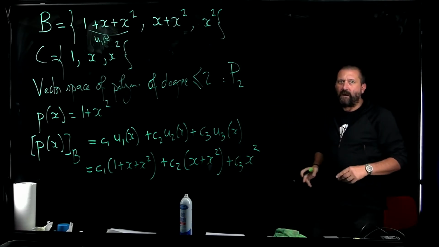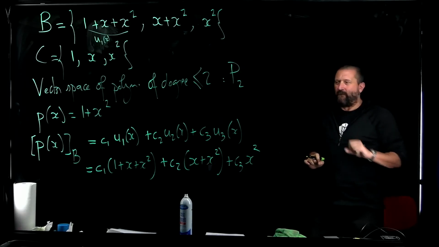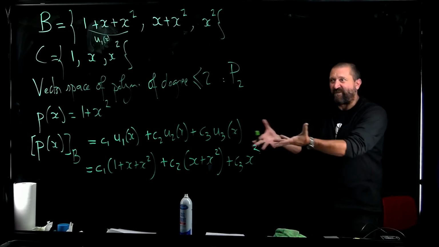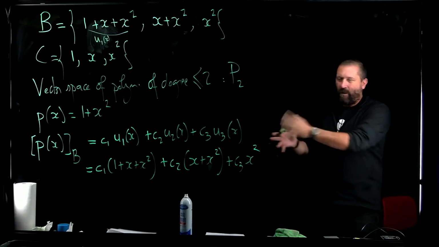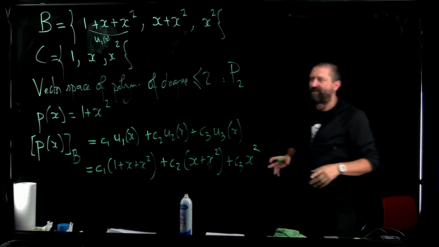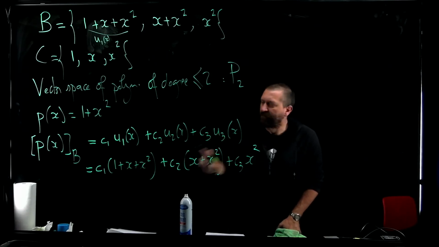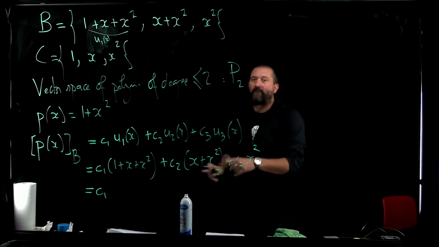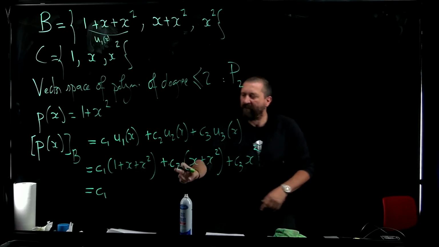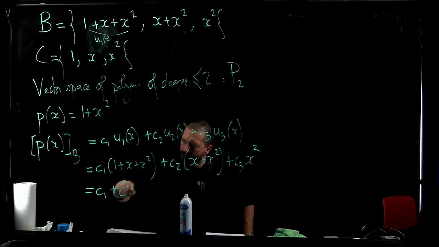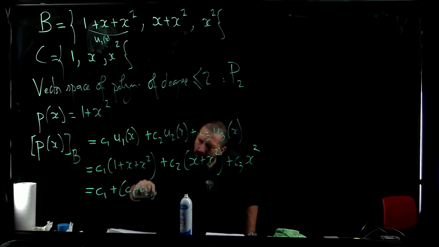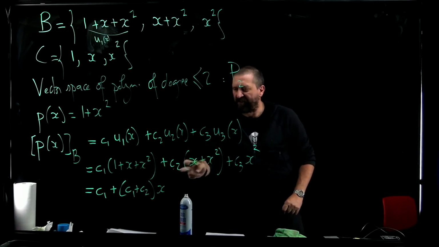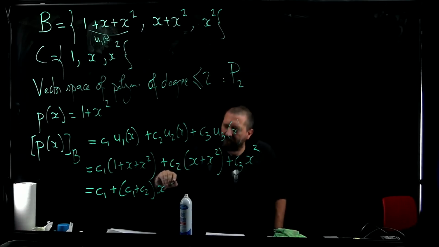And what I'm going to do now is collect the coefficients of this point expressed in this new basis as a function of increasing degree polynomials. For degree 0, I just have C1 here. For degree 1, I have C1 times x here, C2 times x here. And for degree 2, I have a C3 x squared here, a C2 x squared here, and a C1 x squared here.